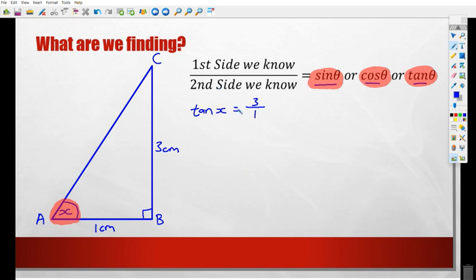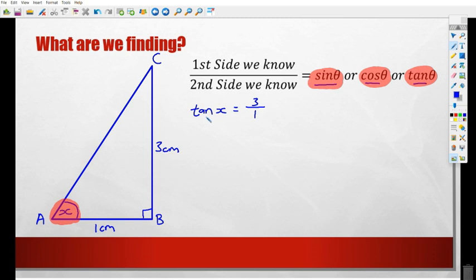Now let's solve for x. How am I going to get rid of this tan? As we learned in the previous video, we're not just going to divide by tan. If you go to your calculator, what's on top of the tan button? It says tan to the power of -1.